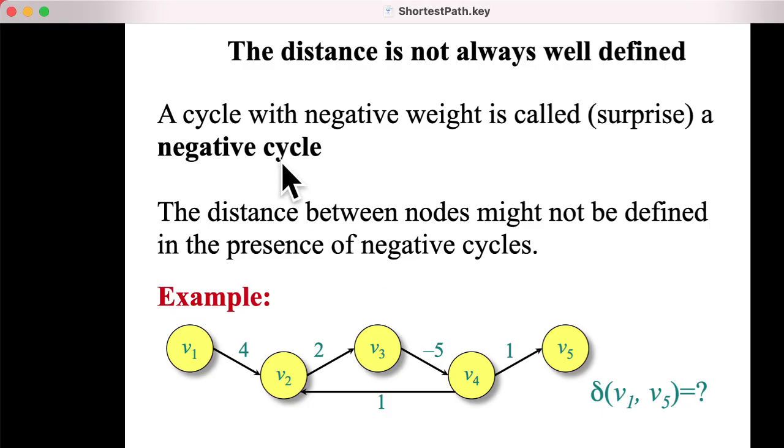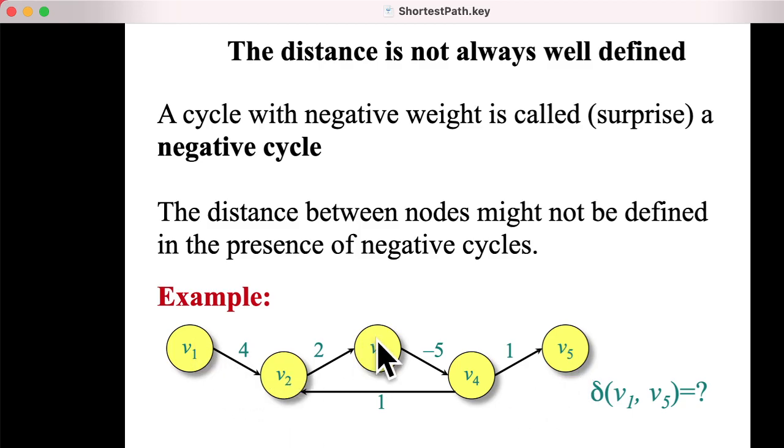Here is the interesting thing. Not always can I speak about the distance along the path. Sometimes the question just makes no sense. The moment that I have edges with negative weights, things stop making sense. Because what is a path with a minimum weight from V1 to V5? Let's try.